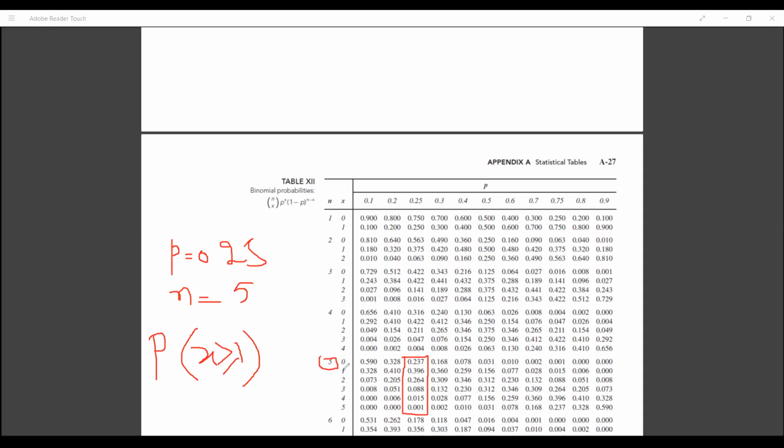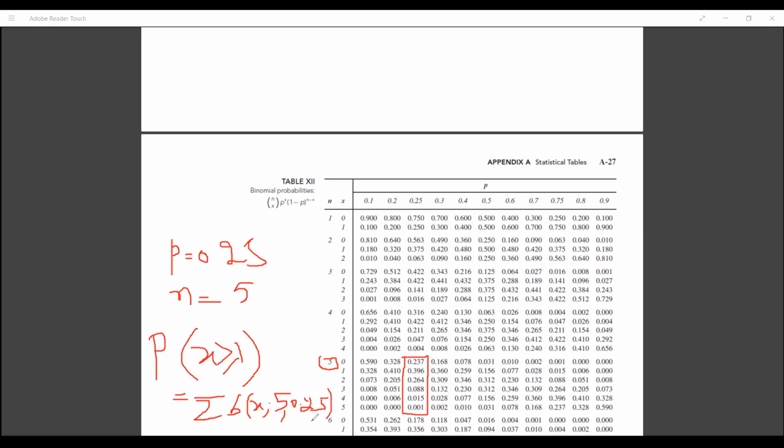X values are 0, 1, 2, 3, 4, 5, and I am interested to add all probabilities from 1 to 5. This can be written as the summation of probabilities of X, with n is 5 and P is 0.25.